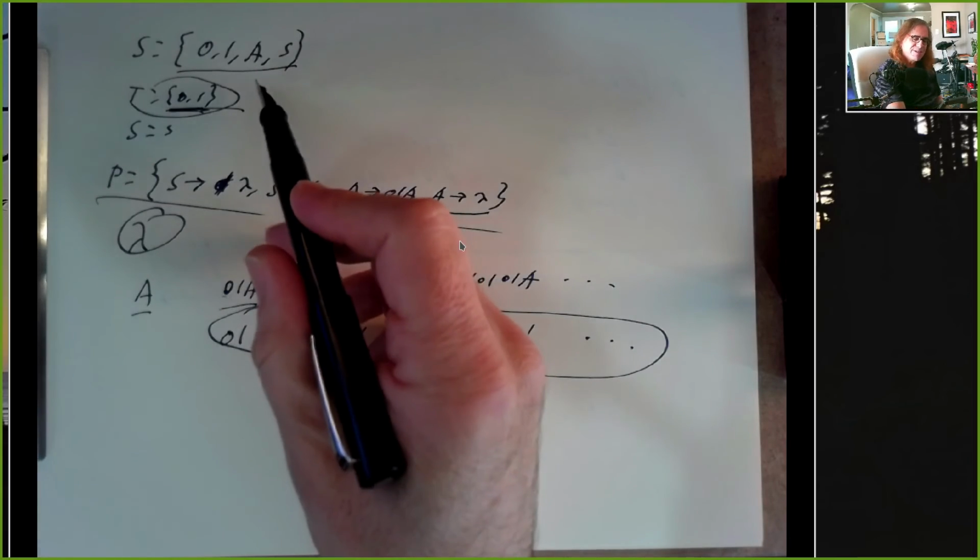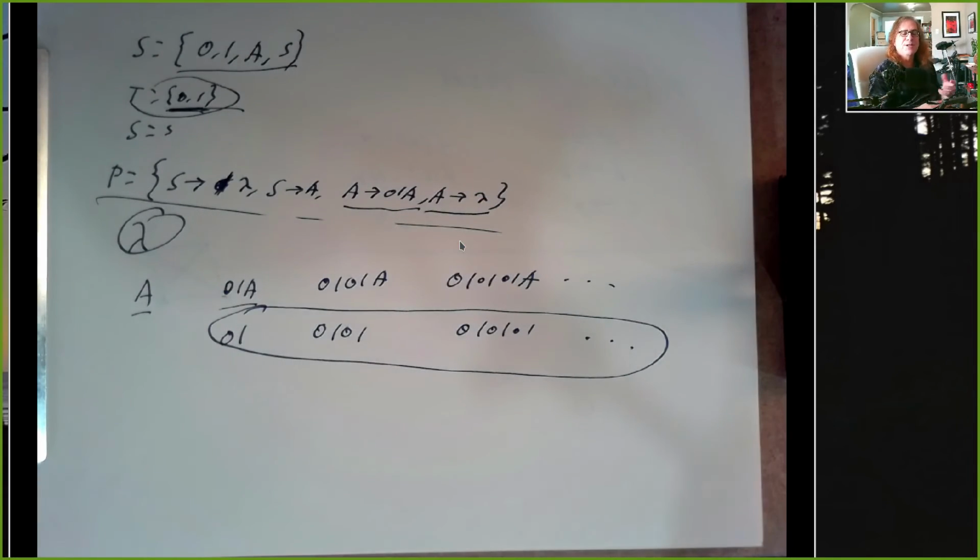So these other things like A and S are sort of intermediaries. They're temporary variables, if you like. Whereas the terminal symbols are things that we would actually make our word out of. For example, with English sentences, when you're diagramming a sentence, you might say this is a noun, or this is a verb phrase, or this is an adjective.